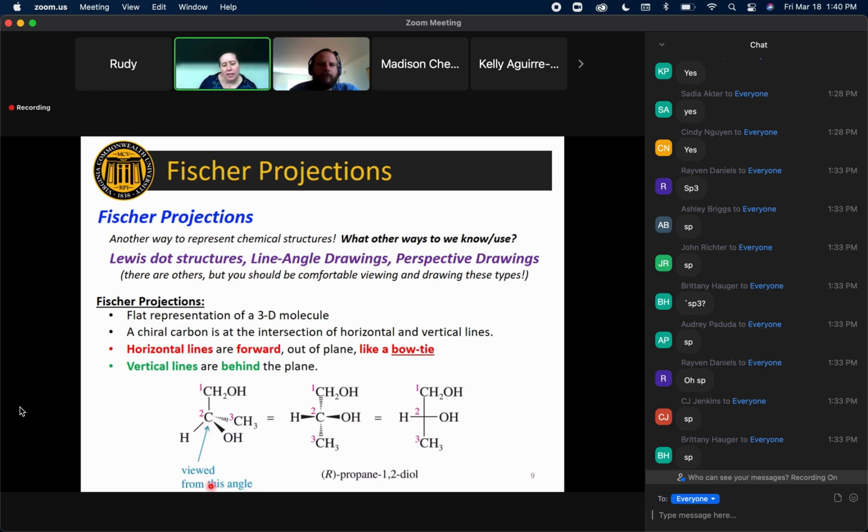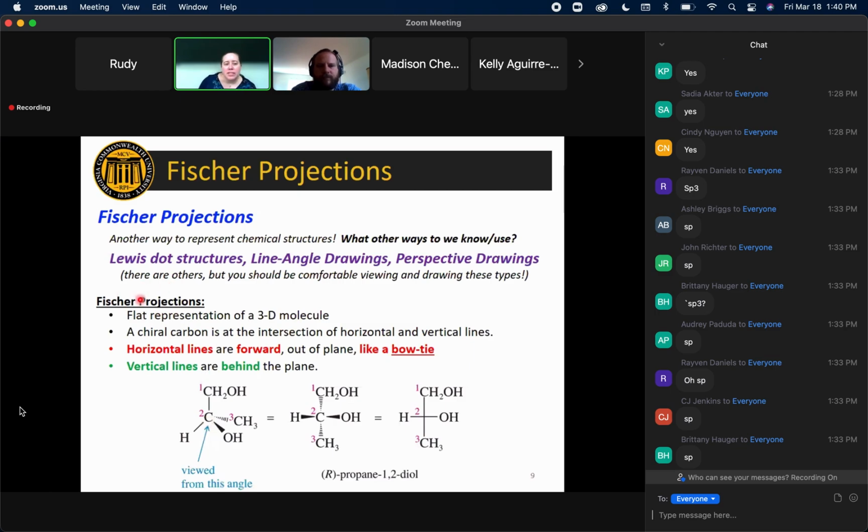So if you imagine looking at this molecule from this angle, then the carbons labeled 1, 2, 3 would be vertical in a line, going straight back. And the groups coming out at you from the direction you're looking would show up like bow ties, right?